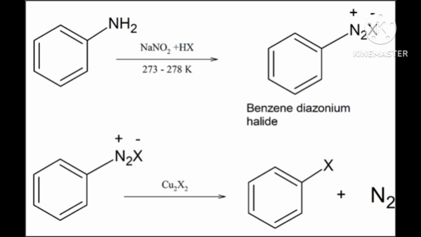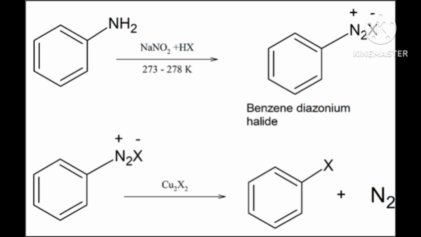And here the N and O bond will break. Oxygen is more electronegative, so it will go with the electron only. It will attract the electron of nitrogen. Then nitrogen will have a positive charge.